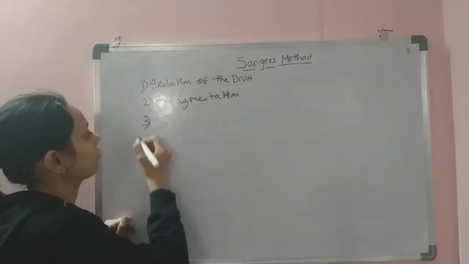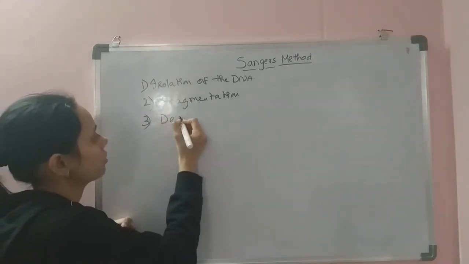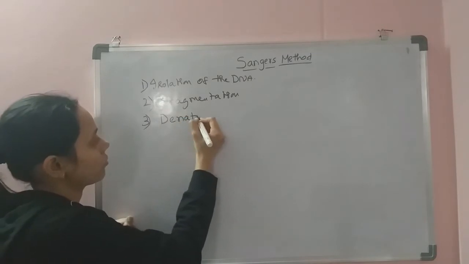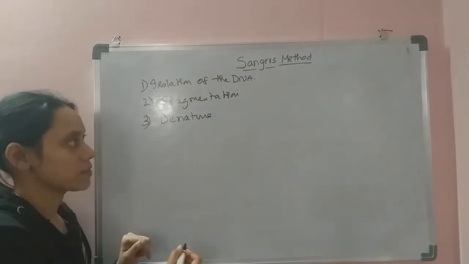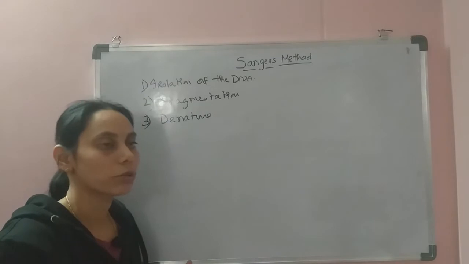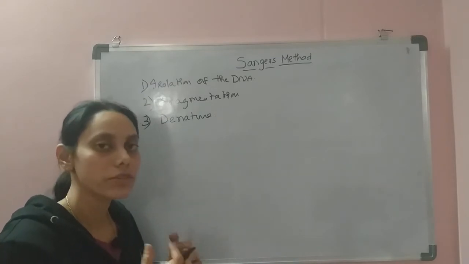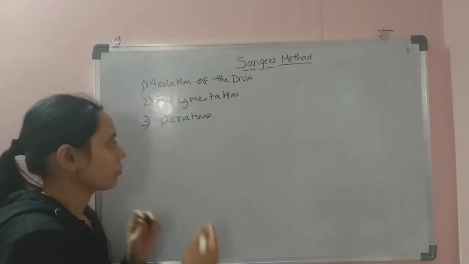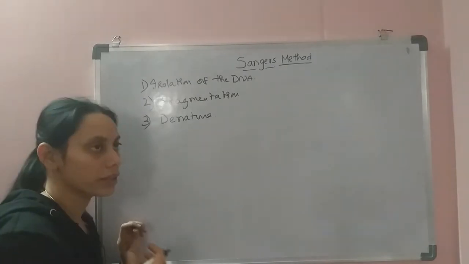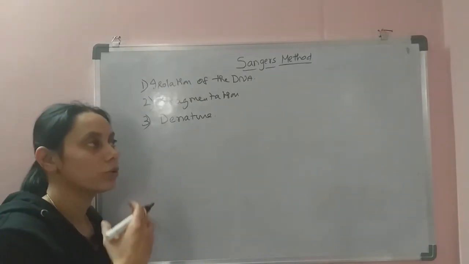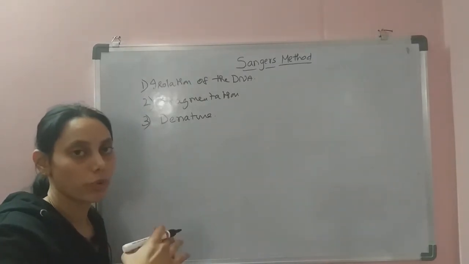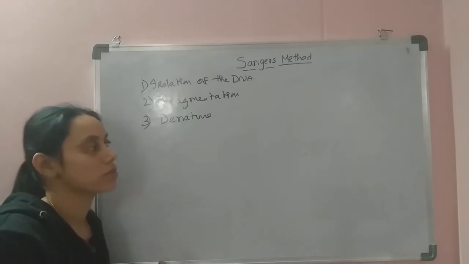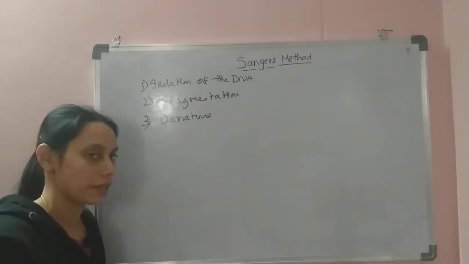Thirdly, we need to denature the fragments. That means each and every fragment needs to be denatured into single-stranded DNA. Alkaline treatment will be given to break the hydrogen bonds between the double strands and make them into single-stranded DNAs.